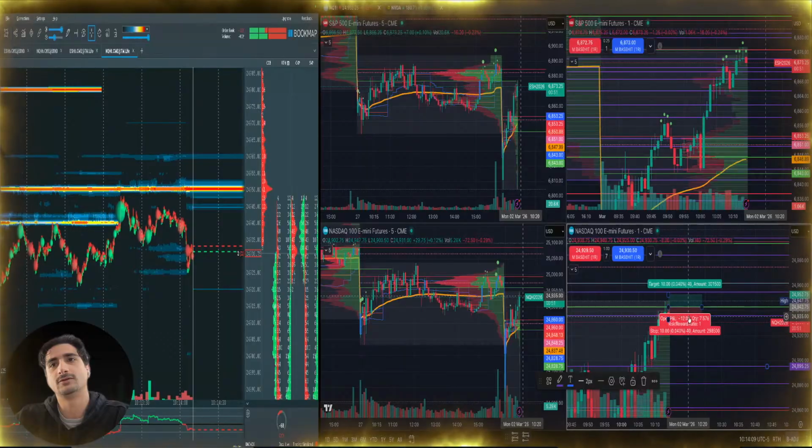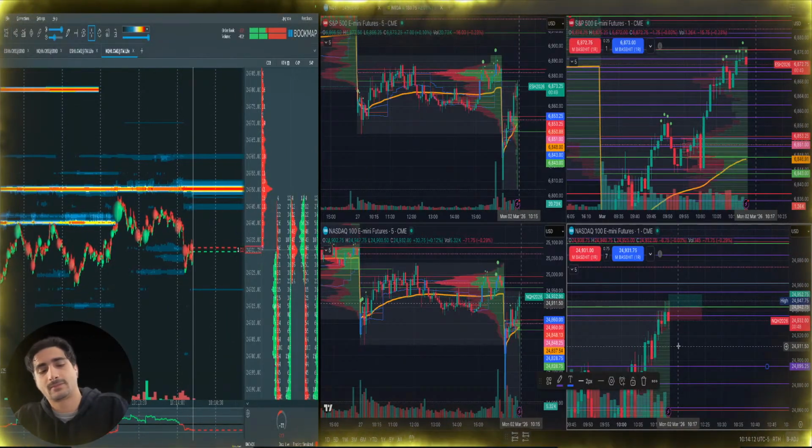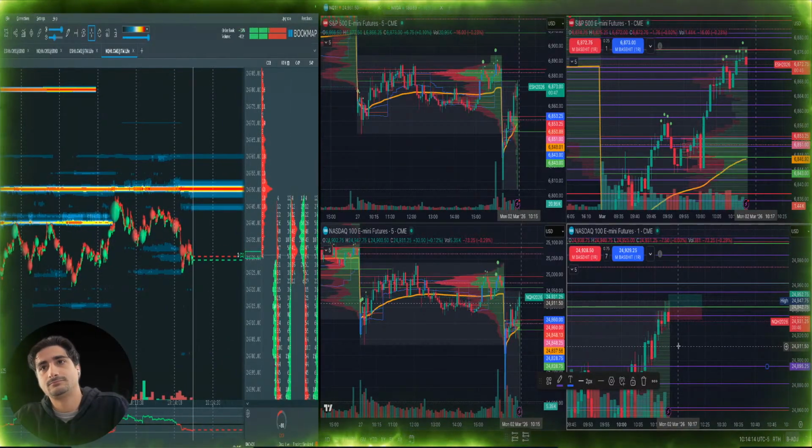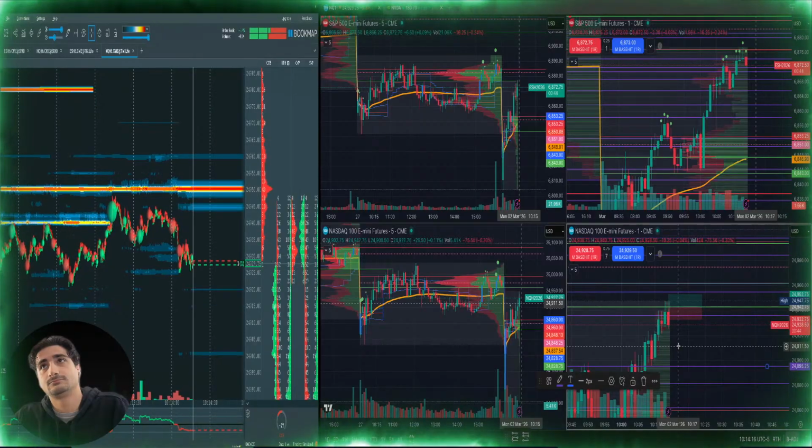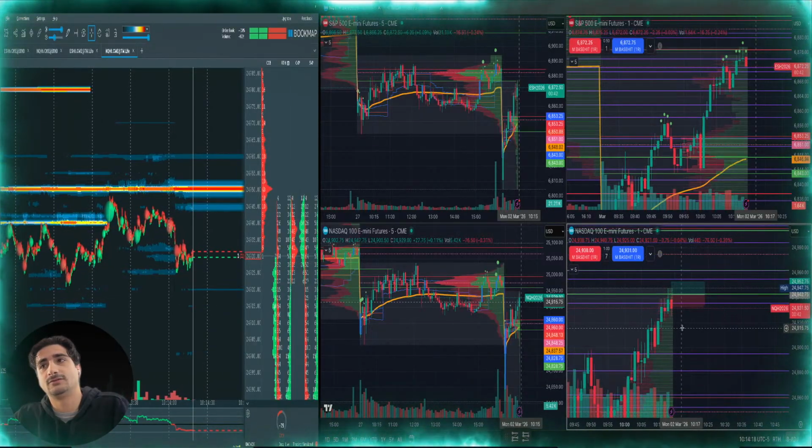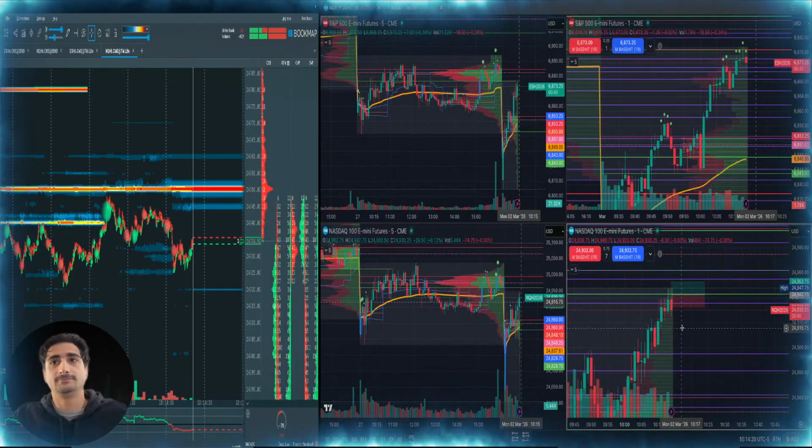Okay, low volume node here too. I don't like the jackknife though. I think it's going to be a deeper pullback.